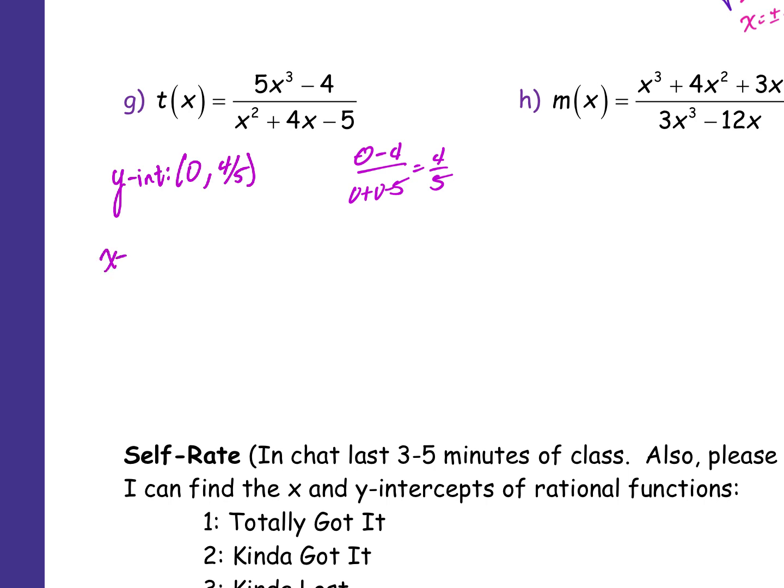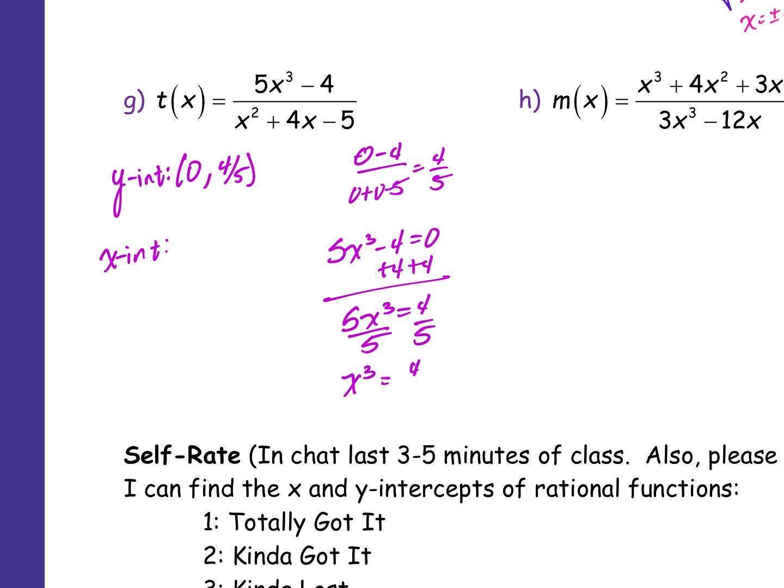And then my x-intercept, set the numerator equal to 0. So 5x cubed minus 4 equals 0. Add 4. x cubed equals 4. Divide by 5. How do I get rid of a cube?